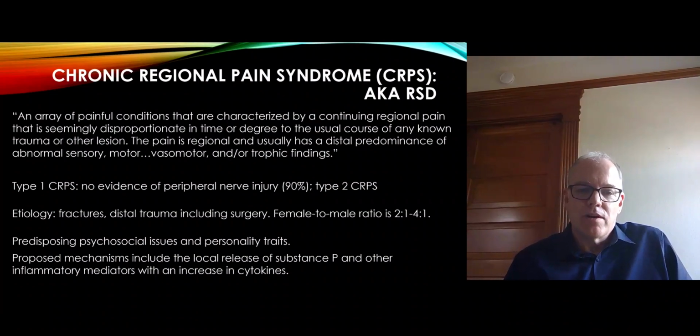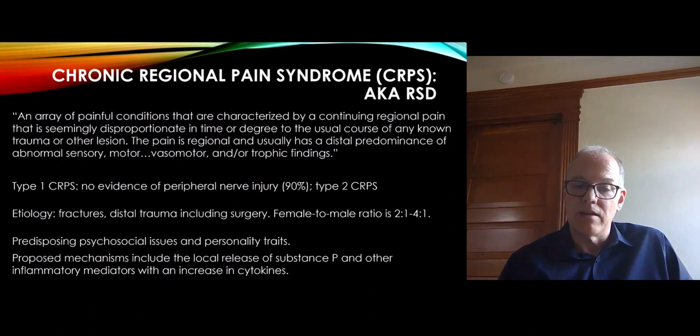So type 1 chronic regional pain syndrome makes up almost all cases, and this is where there's no nerve injury. So the patient had a fracture, that's the most common cause, or some sort of distal trauma, but the nerves actually are functioning normally. Okay, we can see this is more common in women, and there have been numerous studies showing that there are predisposing personality traits and psychosocial issues that tend to make someone more likely to experience this.